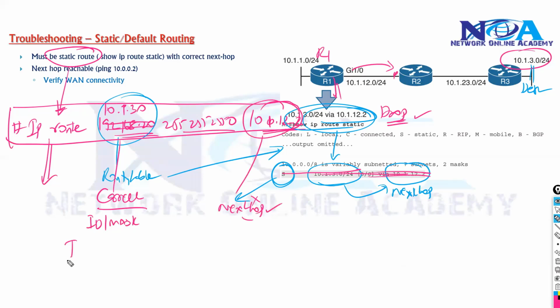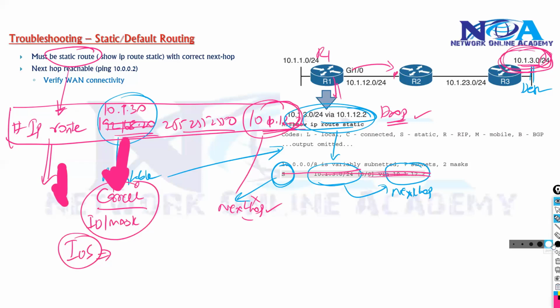When you're doing the configuration, the router is not going to tell you whether the network ID is correct or not. In static routing, the administrator configures the route, which means you should know the correct network ID and the correct subnet mask and define them properly. If you don't, there will be a problem.